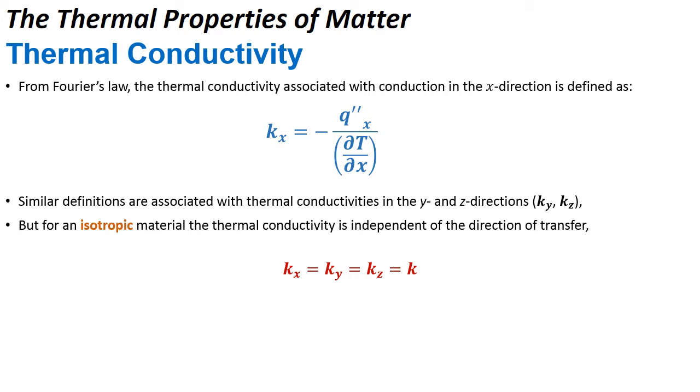Like when you have to cook a meal, you will use metal rather than plastic, because if you use plastic, glass or wood to cook something, it will take a lot of time, because glass, wood, and plastics all have a low value of thermal conductivity. That's why you use metal for cooking a meal, because metals have high thermal conductivity.